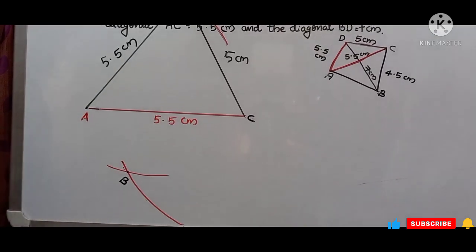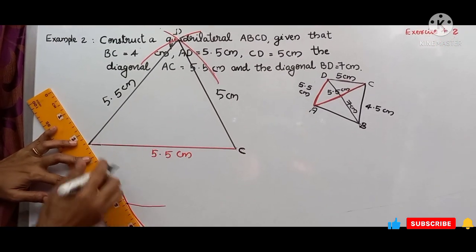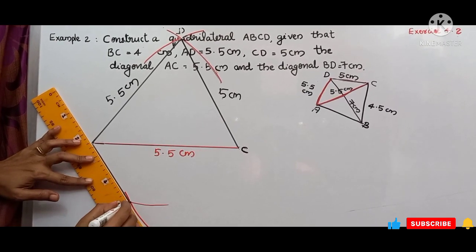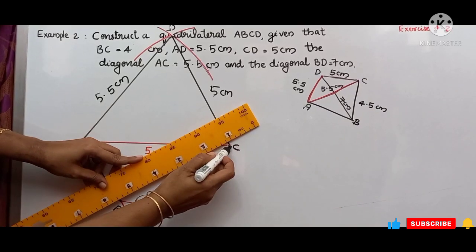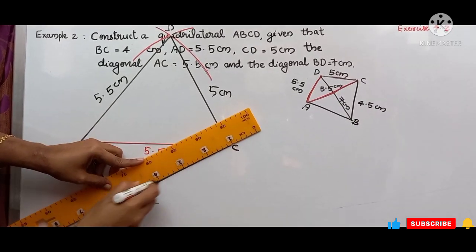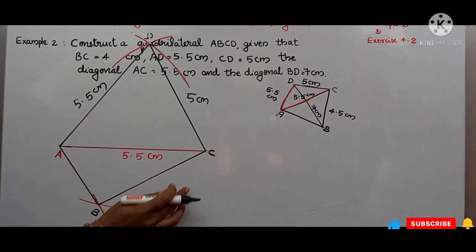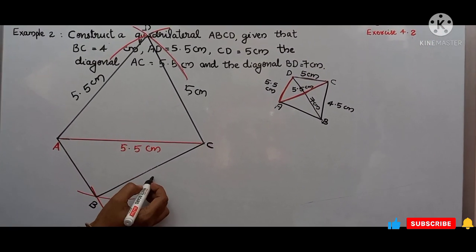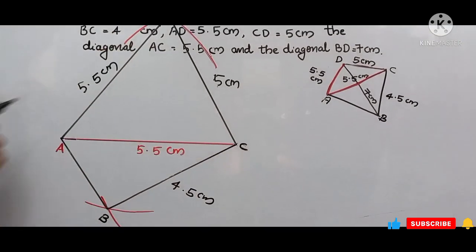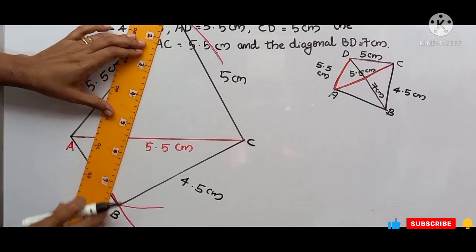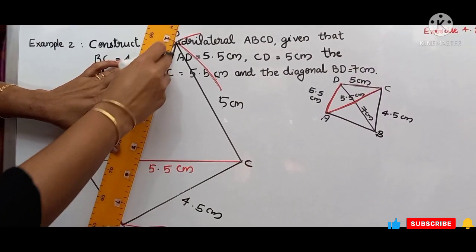Give that name B. Then join AB and CB. Now we have constructed our quadrilateral, and we have to write that BC 4.5 centimeter, and don't forget to draw this BD, that is given 7 centimeter.